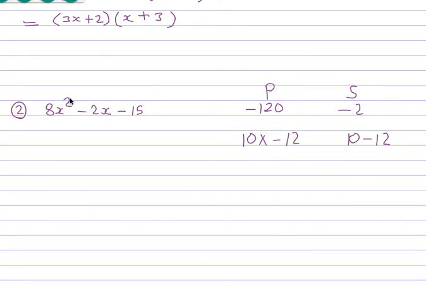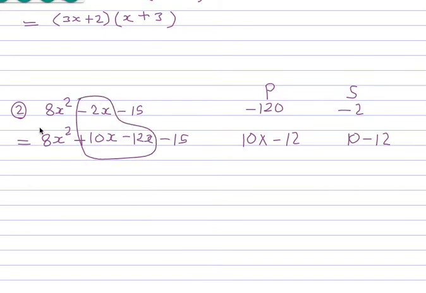So this is perfect. Okay, the first term and last term we can write as it is, just split the middle term, -2x. So we choose two numbers, 10 and -12. So plus 10x minus 12x.